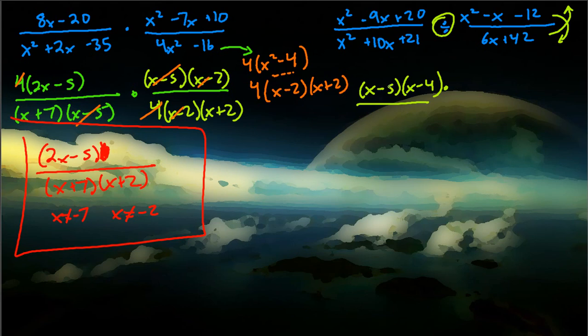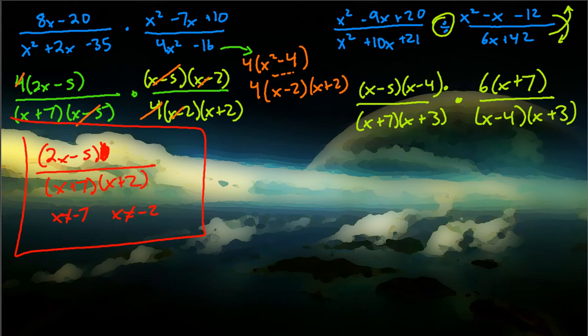Well, negative 5 minus 4 is negative 9, and negative 5 times negative 4 is positive 20. Okay, and x plus 7, x plus 3. Okay, we're multiplying. Factor out a 6. And at the bottom, x minus 4, x plus 3.